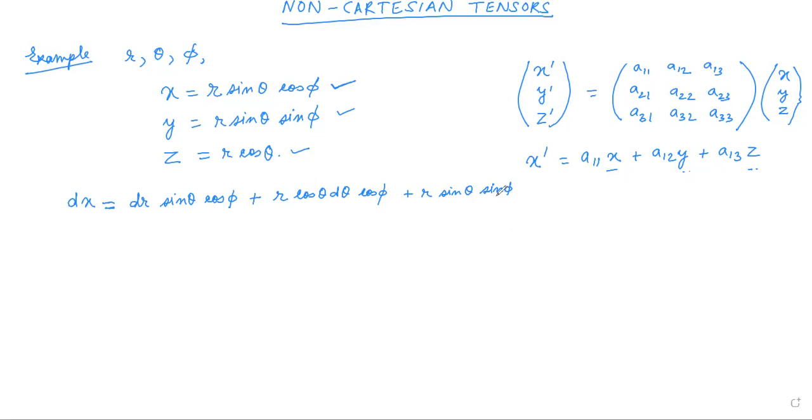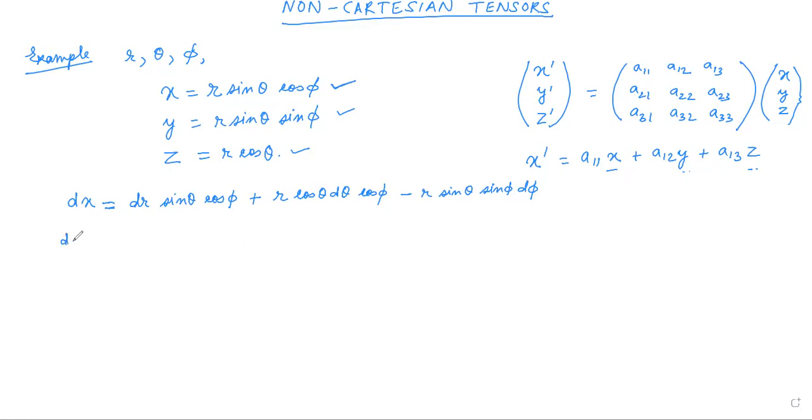So instead of this plus sign, we'll have a minus sign here. Minus r sine theta sine phi d phi. So this is the relation between dx, dr, d theta, d phi.